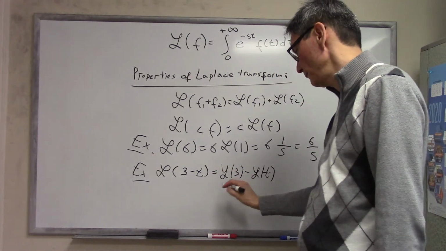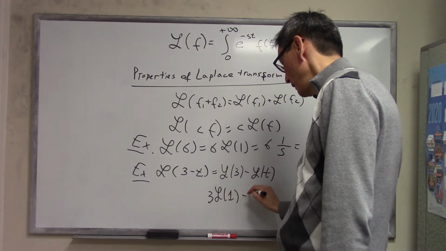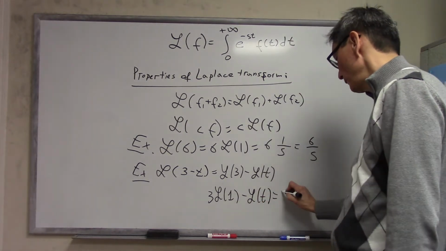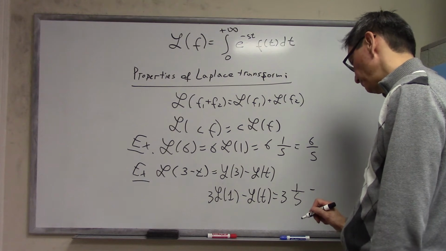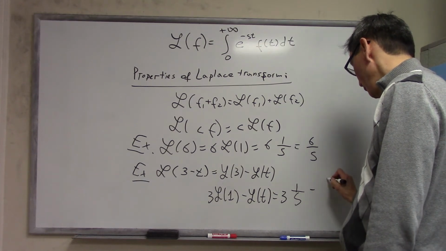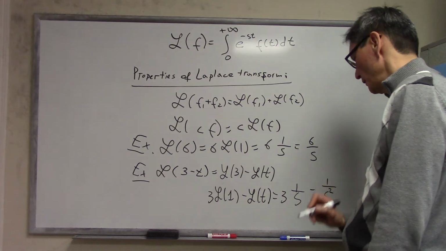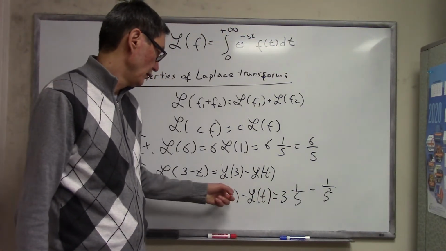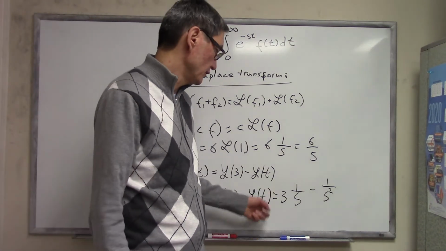So we take 3 out, Laplace transform of 1 minus Laplace transform of t. So we're going to get 3 times 1 over s minus 1 over s squared. Because you recall, Laplace transform of 1 is 1 over s, and Laplace transform of t is 1 over s squared.